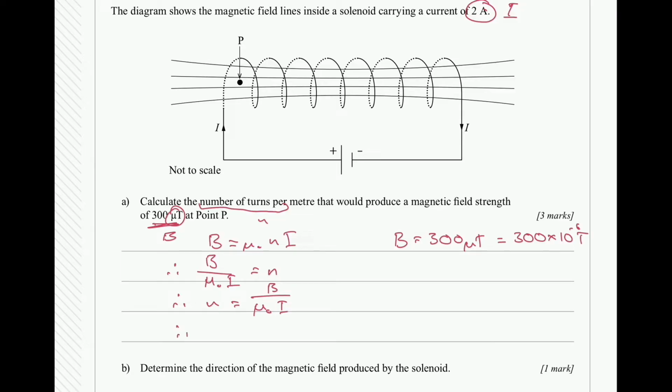If you ever get stuck in an exam and can't remember how to convert, there are two ways: you can either multiply or divide. Or you can always multiply and think about whether it's going to be a negative 6 or a positive 6. If it's a negative 6, I'm expecting a very small number because it's microteslas. If I put a positive, I end up getting 300 times 10 to the 6, and that's not going to be the same.